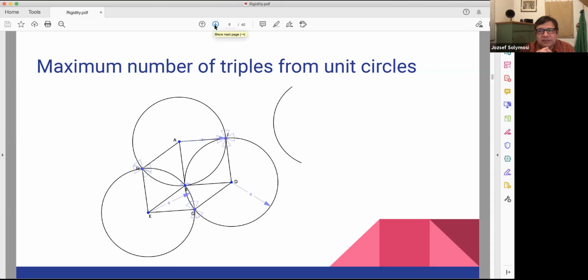There is another related question. Do you want me to have more questions? Sure. Okay, here is a question. It's rigidity, and it's in the same family. You have a unit bar length framework.